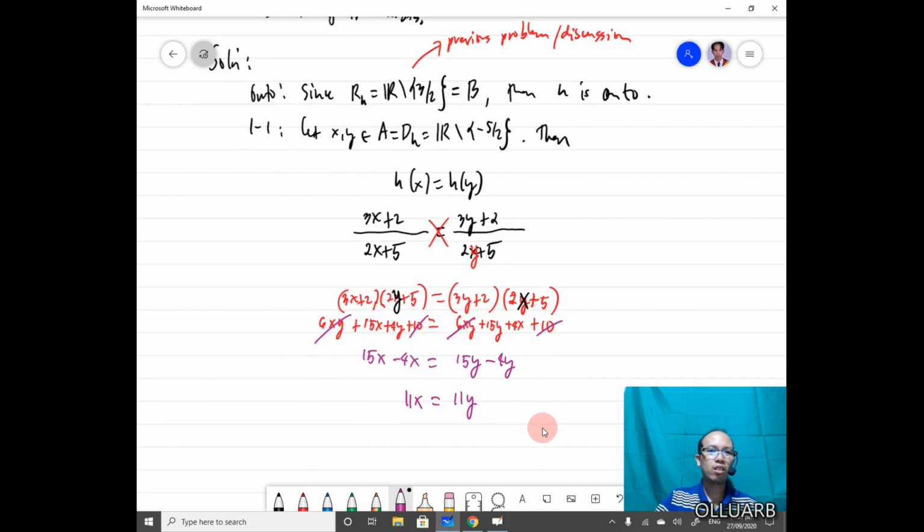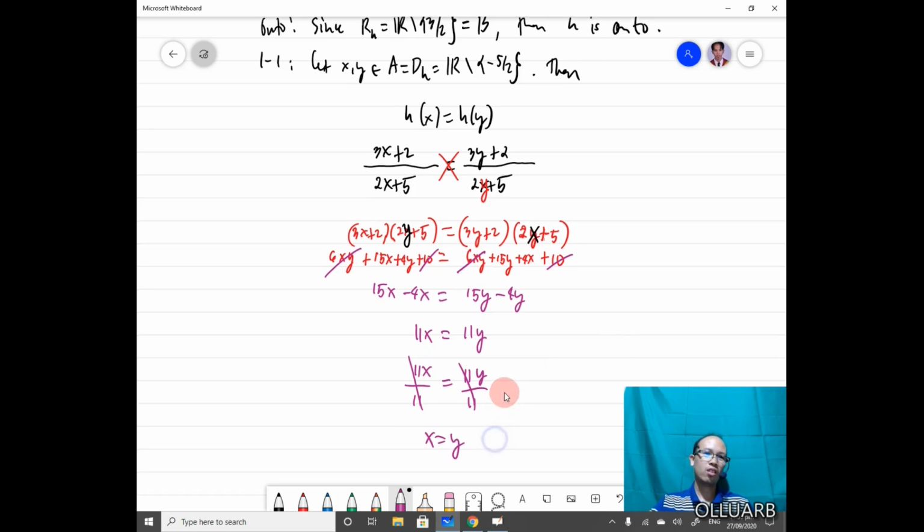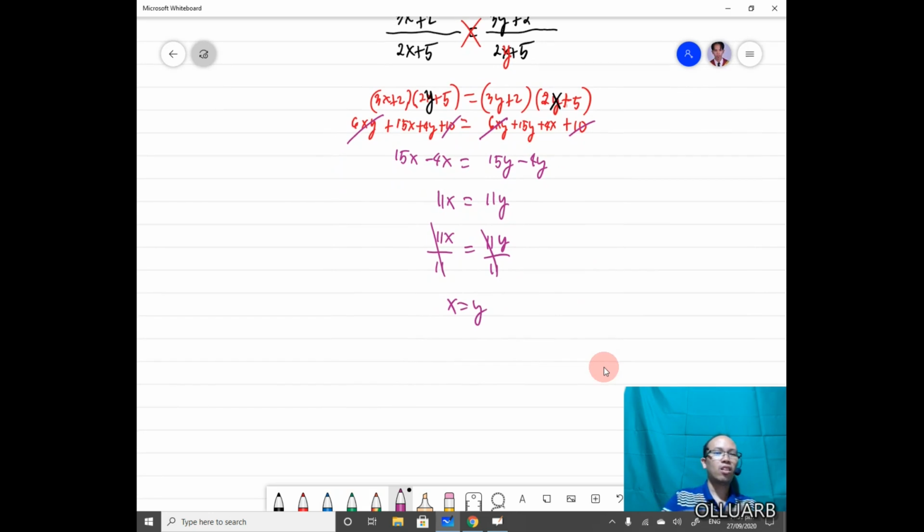Is this clear? I think I am smiling, so this is clear now. We have x is equal to y. So clearly, this implies that finally h is one-to-one.